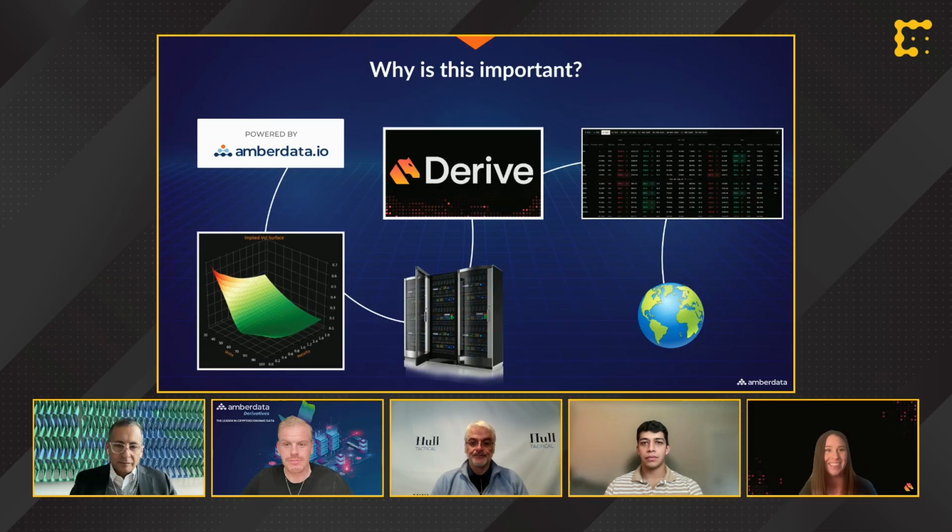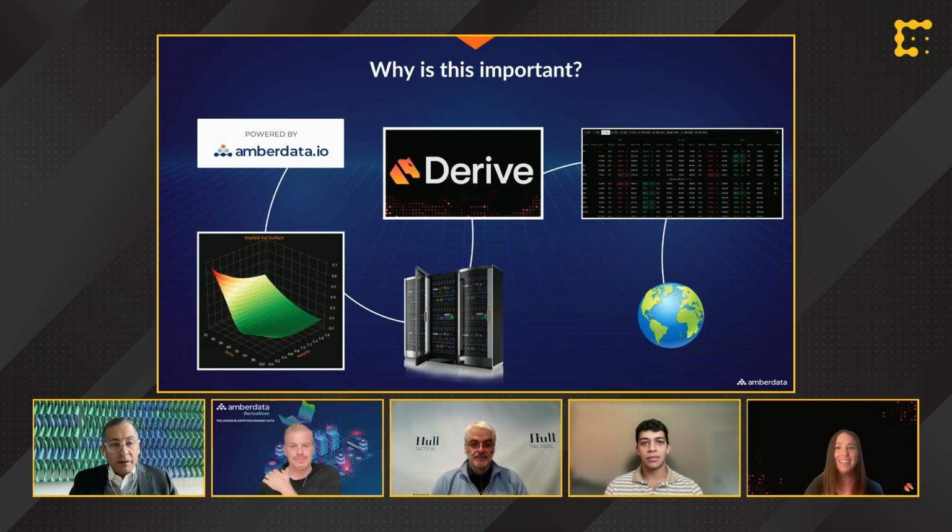So when I came to that, I came to find what was then Lyra, an on-chain options AMM. We've since rebranded to Derive, which is the version that you see today. And I've been there helping build out this version and onboarding users, liquidity, market makers, and things like that. What was the other part of your question?